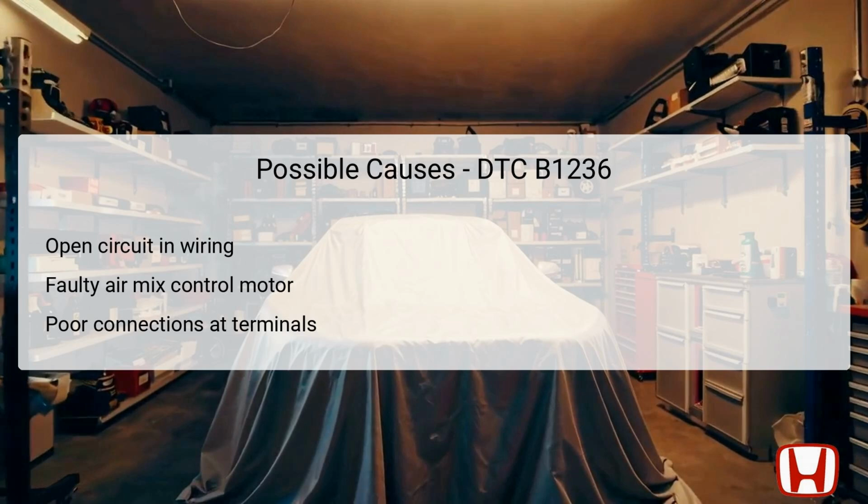Poor connections at any of the terminals, such as those in the climate control unit connectors, can also cause similar issues, leading to intermittent operation or complete malfunction. Identifying these factors is crucial for effective troubleshooting and ensuring that the climate system operates efficiently.